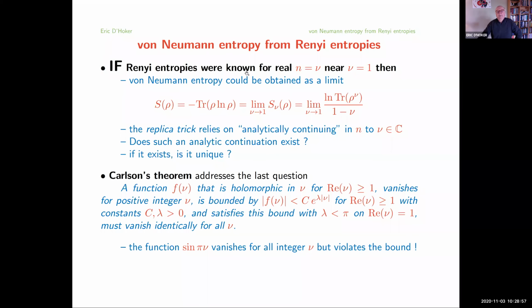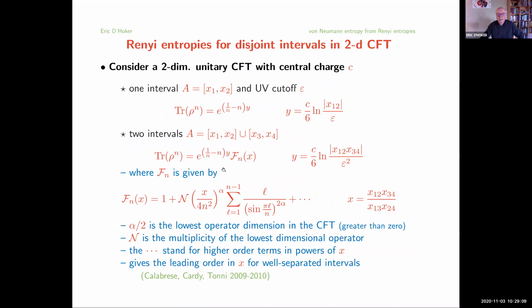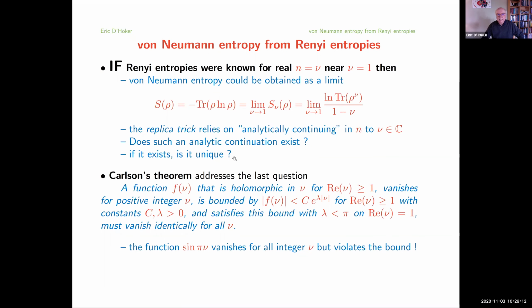Okay, so now this is all great. We now have the Renyi entropy, but we are interested in the von Neumann entropy. So how can we do this? Well, we have here a collection of Renyi entropies.